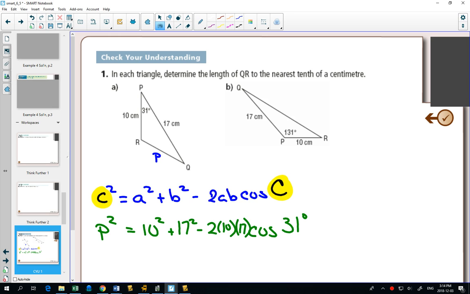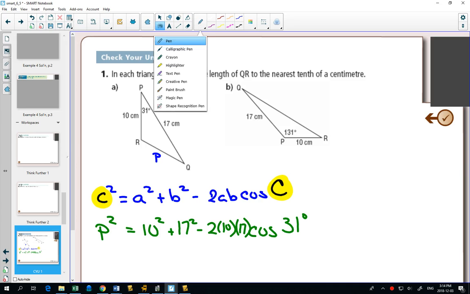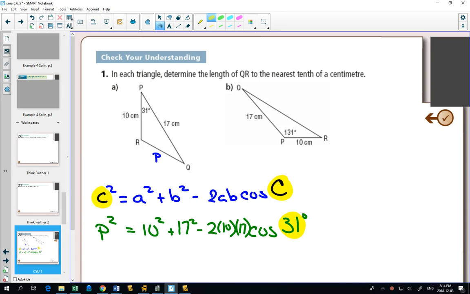Plugging in the sides, you could have switched it around, it would be fine. The key thing, like I said, is that an angle goes with the opposite side here in the cosine law, and the rest doesn't matter. If you can remember that, then the formula is easy to use.